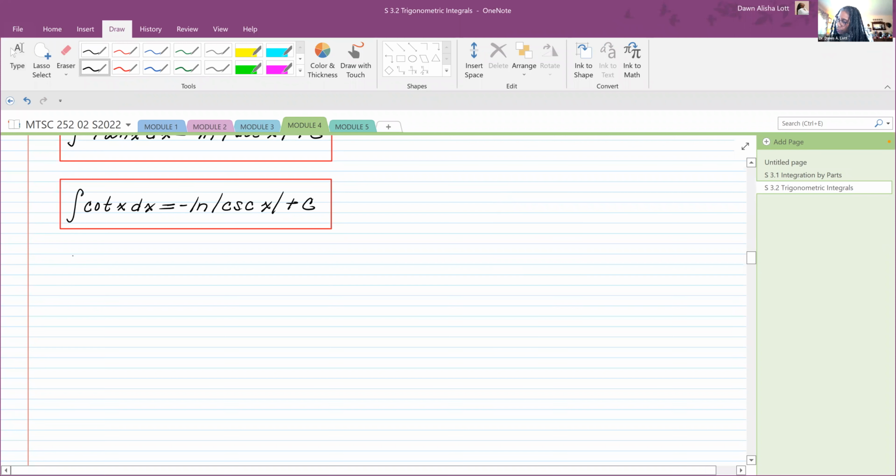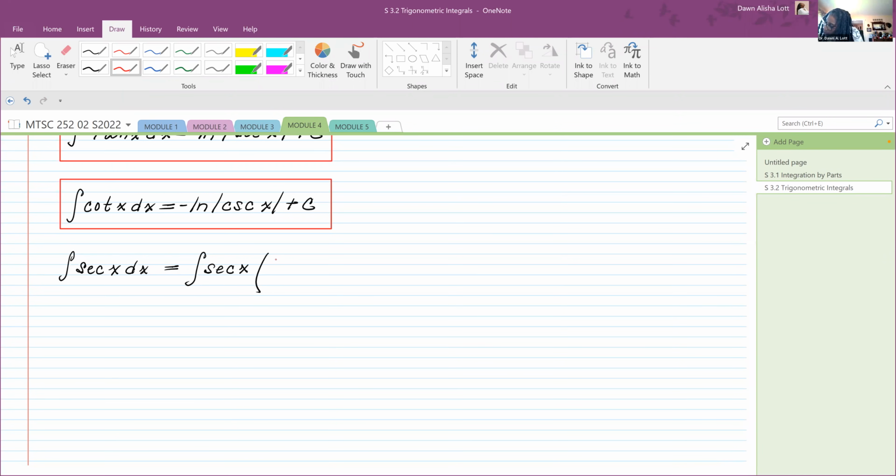So the integral of the secant of x dx requires us to manipulate our formula by using a product of 1 in the form of secant x plus tangent x over secant x plus tangent x.